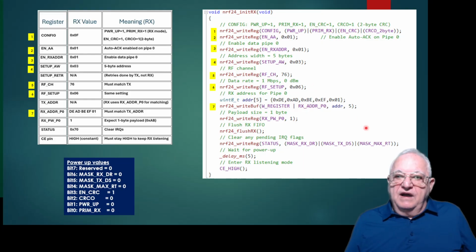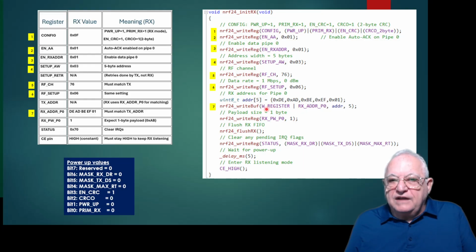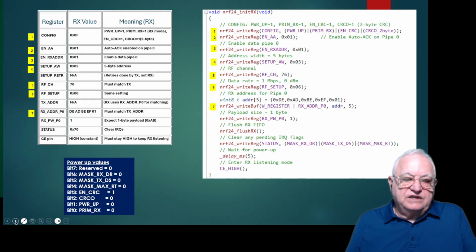Then we have our 5-byte address, write address, I'm sorry, we write to register, and this is the receive address. So the receive address, again, we set it to be the same as what we had on the transmitter.